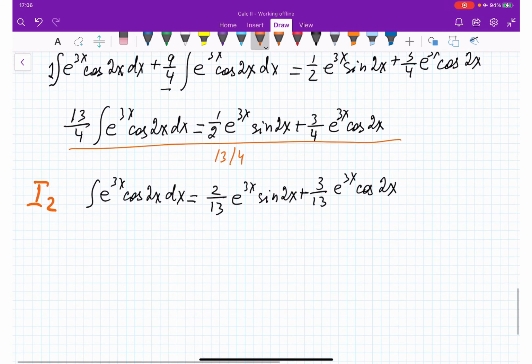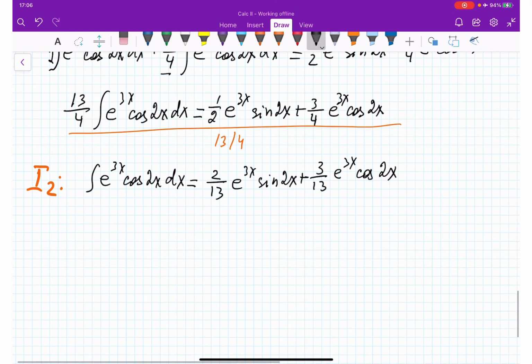So from here, let me write down my original integral, if we haven't forgotten. Integral e to the power 3x, sine 2x minus cosine 2x dx.